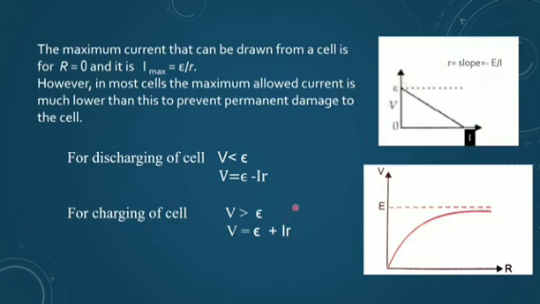But you should keep this formula in your mind for charging of the cell, terminal potential difference. When you do the charging of the, of course, rechargeable cells, then V is greater than EMF, and then V can be written as E plus IR. So both these formulas should be clear in your mind for discharging and for charging of the cell. And of course the graphs can be asked, so you should be aware of these graphs.